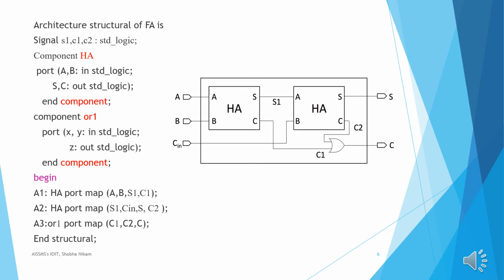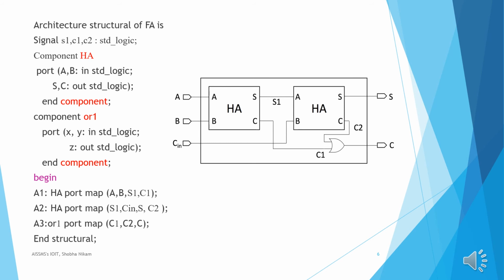So X and Y are inputs in standard logic and Z is the output. So don't confuse these with C1, C2 and C. These are the actual inputs and outputs. When I'm declaring the component, the imaginary inputs and outputs are X, Y and Z. End component. Then the architecture begins.